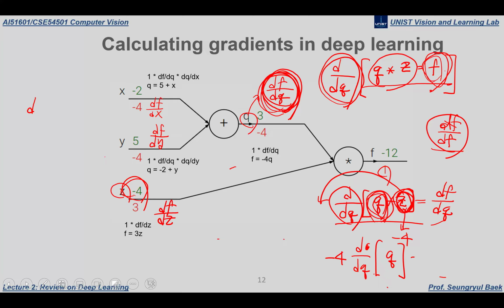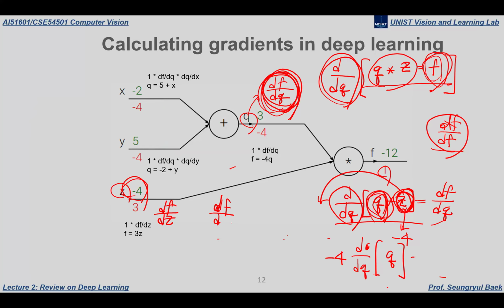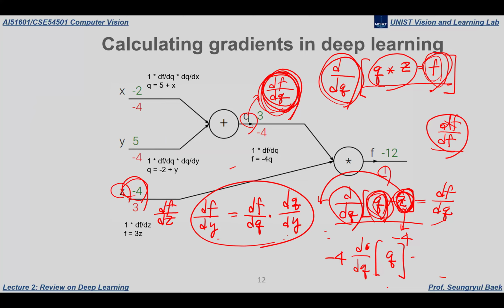When calculating df/dy, what we will further do is use the chain rule: df/dq multiplied by dq/dy. Are you guys following?